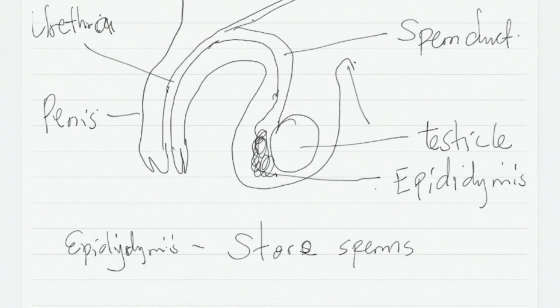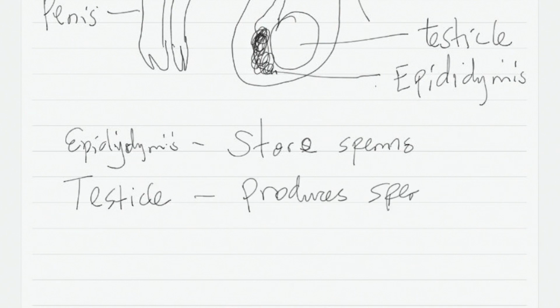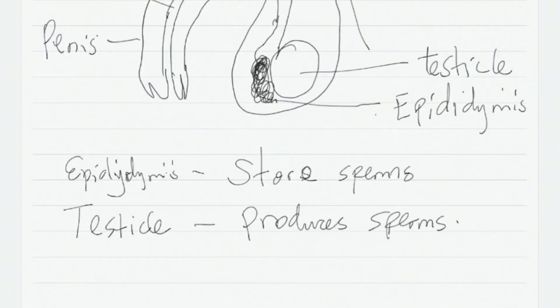When sperms are produced in the testicle, they are stored in the epididymis. It has a coiled structure to increase the surface area for the storage of sperms. This is why on this diagram it is coiled, so that it can store sperms when they are produced by the testicles. So the testicle produces sperms.